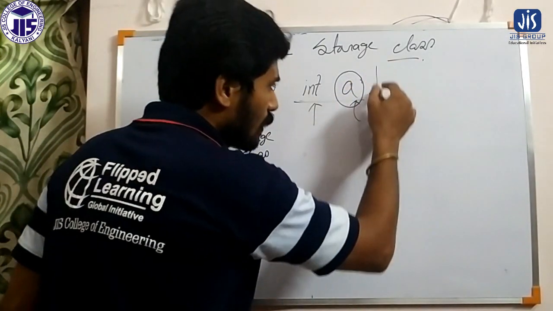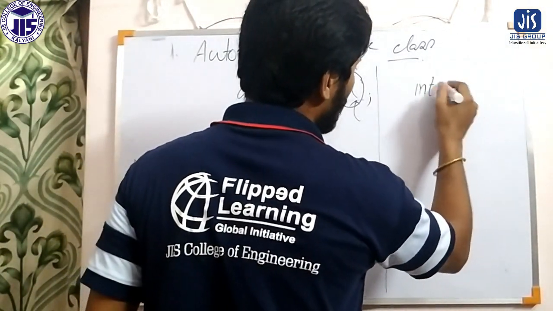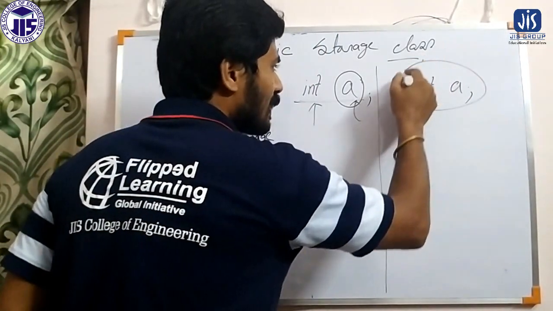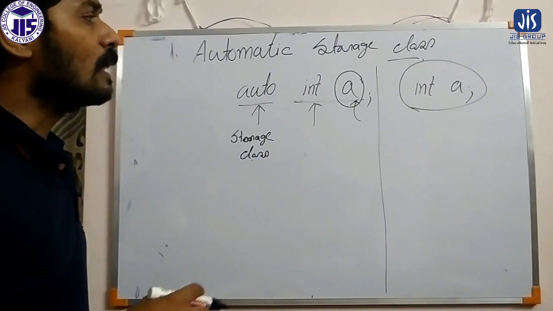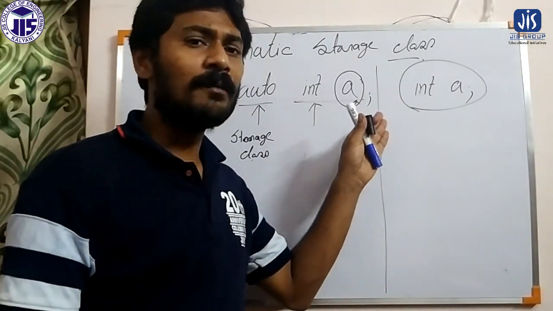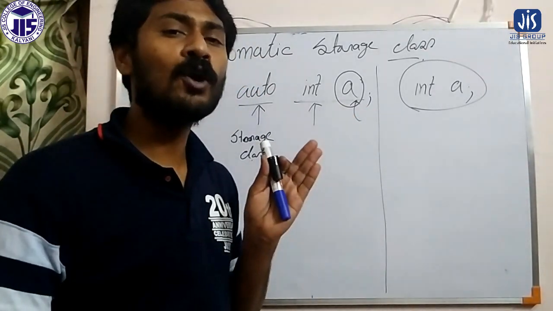Now in C programming you can ask that already we have declared a variable like this. So is it wrong? Declaration of a variable where storage class is not mentioned, is it wrong? No. If we are not mentioning any storage class for a particular variable, then by default it will be automatic storage class. So automatic is the default storage class.